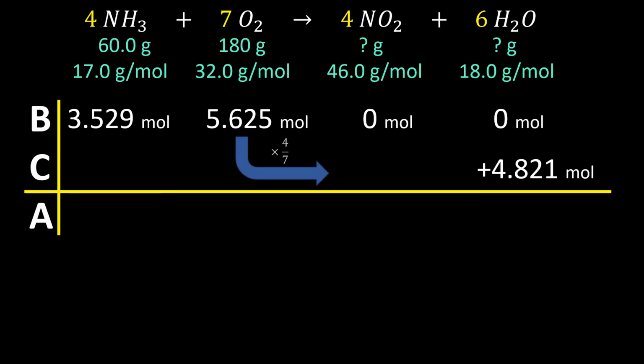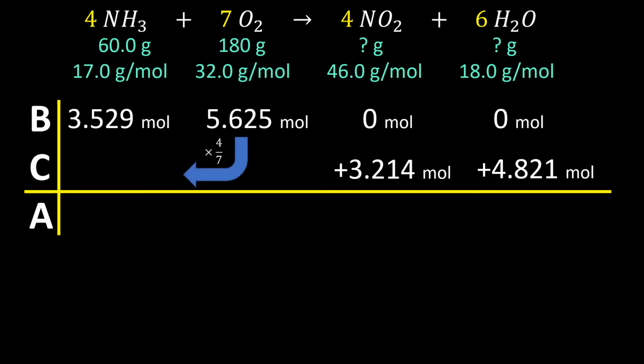For the other product, I use the coefficients in front of the NO2 and the O2, which is 4 over 7, to find that there are 3.214 moles of nitrogen dioxide produced in this reaction.